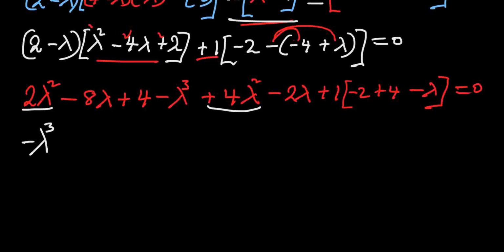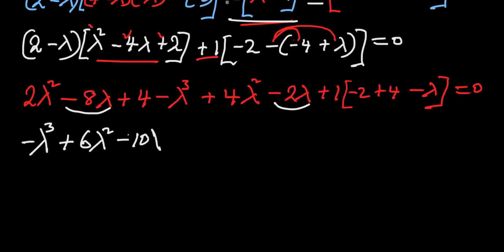Together, this would give us positive 6 lambda squared. And after this, we now have negative 8 lambda and negative 2 lambda. Together will give us negative 10 lambda. And also we have positive 4 here, so we can simply bring it here, positive 4.